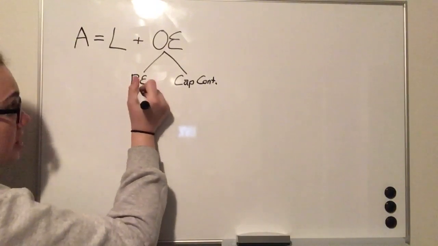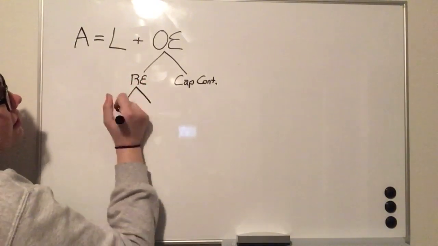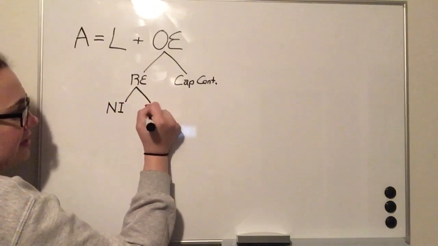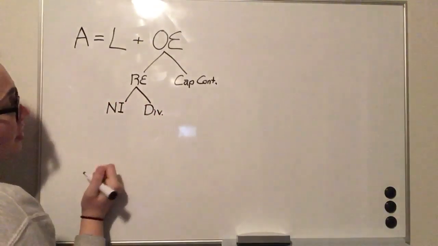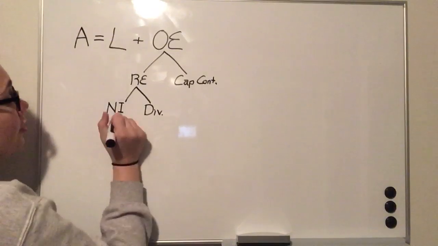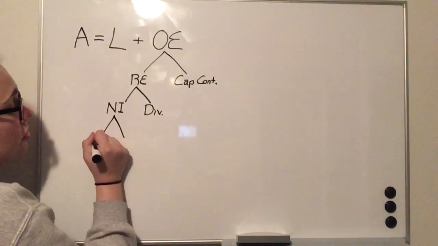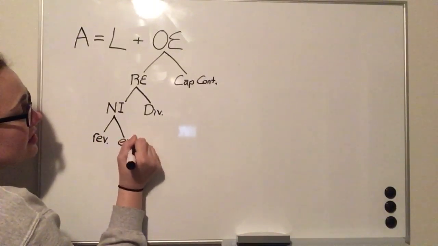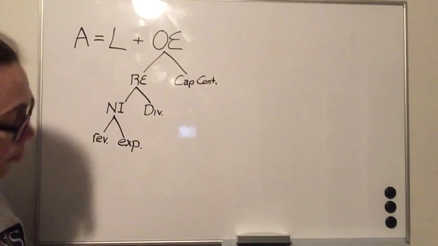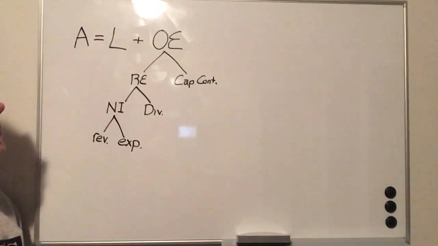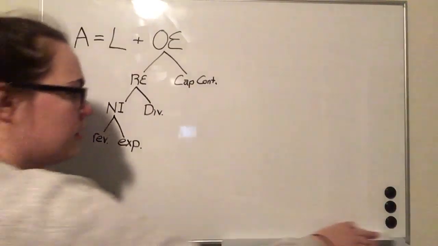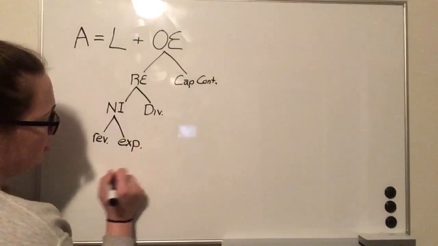But you get retained earnings with your net income and your dividends. And then how do you get your net income? That is your revenue minus your expenses. So this is the branched out equation, but the equation looks a little different, and that's where the confusion is stemming from.